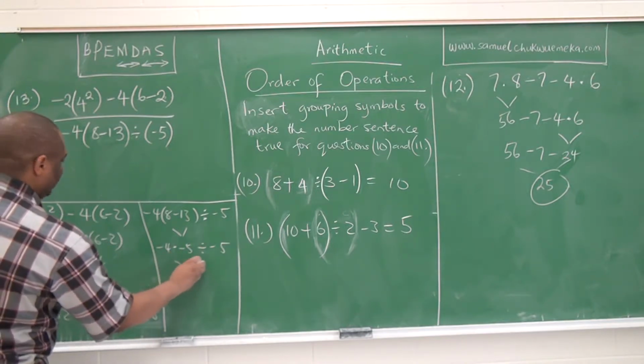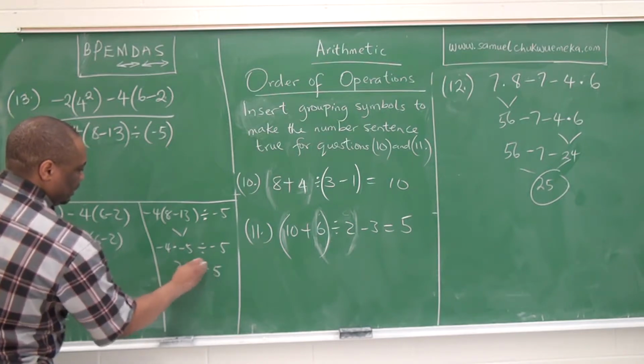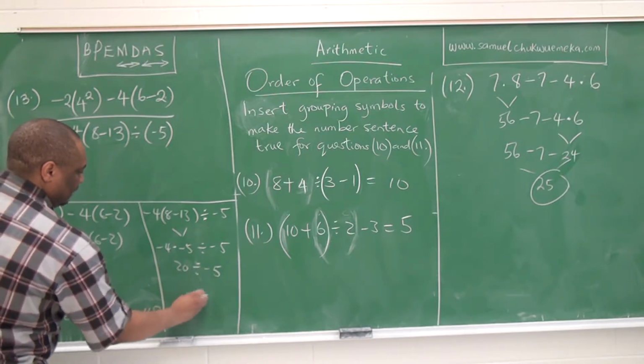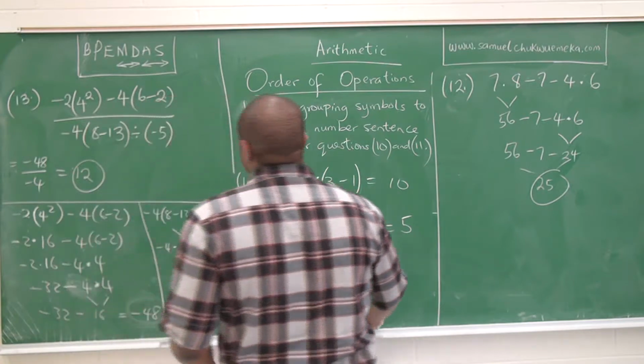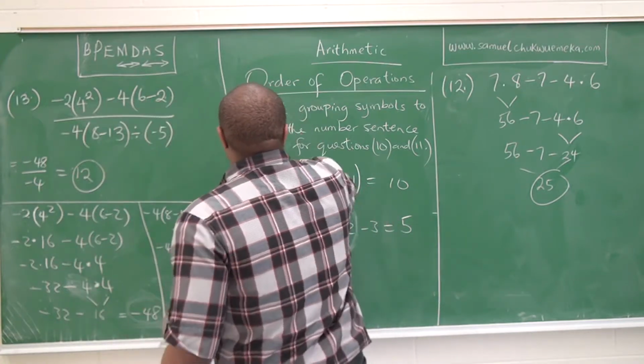So this is 20 divided by -5, which is -4. -48 divided by -4 gives me 12. Yup. I'll take a look at it again just to make sure I got it right. Yep. All right.